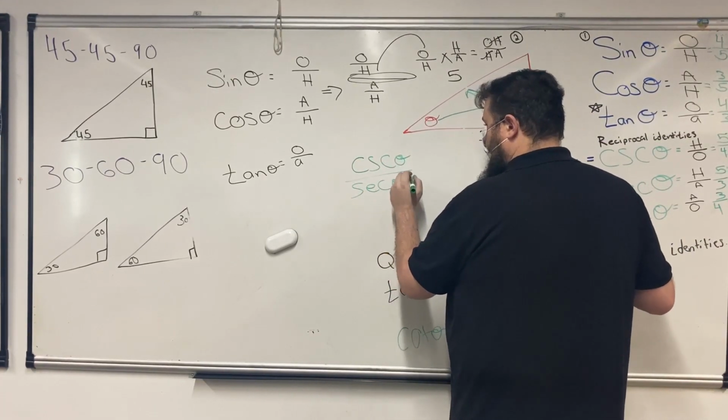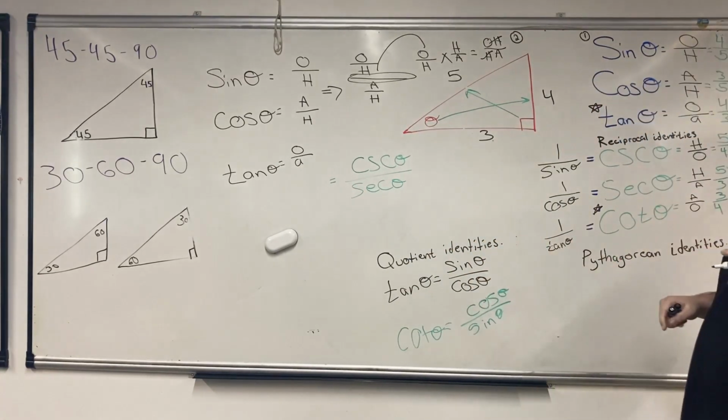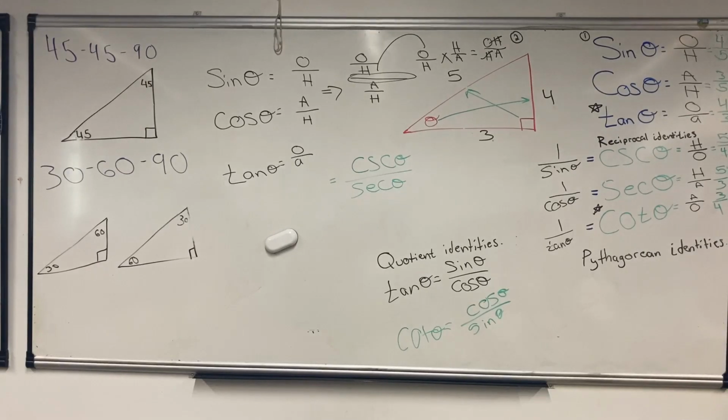Do you have a prediction as to what this is going to equal when we're done? Anybody want to throw out what their instincts are telling them that's going to end up being? Josh? Cosine.